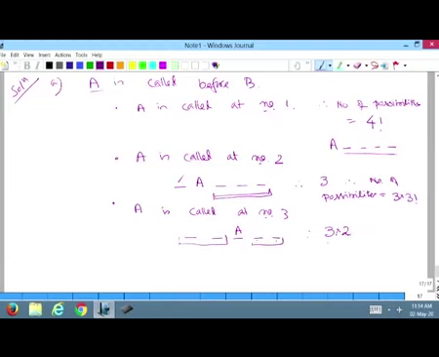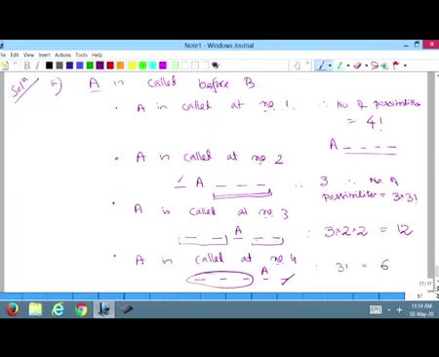Now, B and the other candidate can be permuted here in 2 ways. Therefore, total possibilities is equal to 12. A is called at number 4. Therefore, B has to be here, and other 3 can be permuted here in factorial 3 is equal to 6 ways.